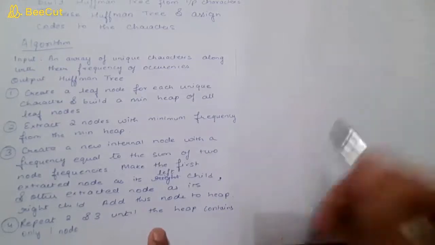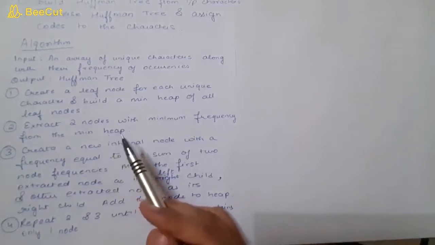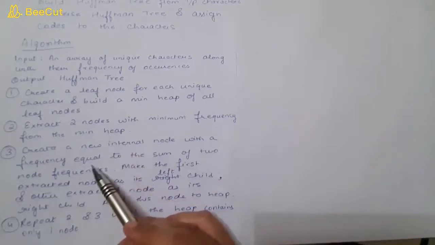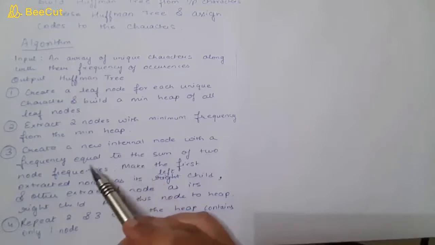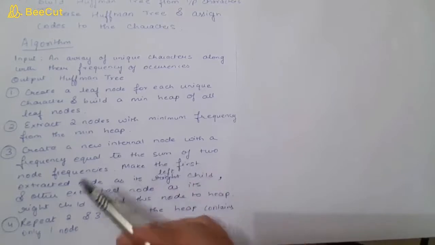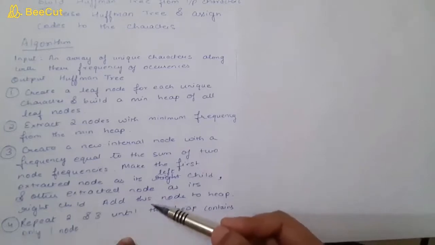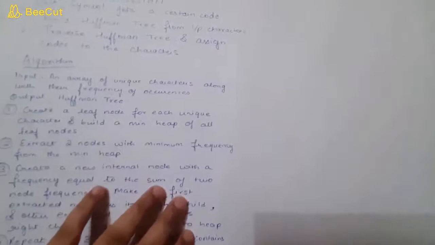We sum up the frequencies of these 2 extracted nodes, and the resultant node will be our internal node, equal to the sum of the 2 nodes' frequencies. The first extracted node is marked as the left child, and the second extracted node is marked as the right child. We have to repeat these steps until the heap contains only a single node. Okay, let us discuss it with the help of the example.